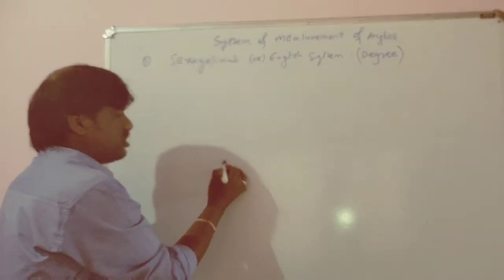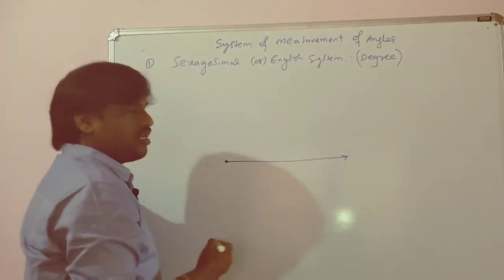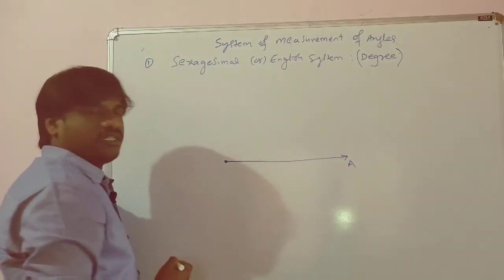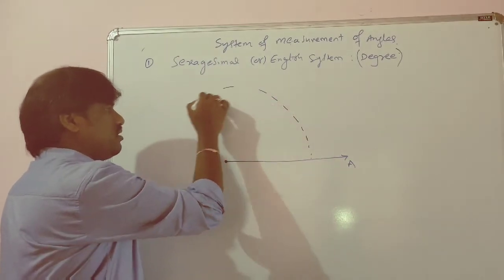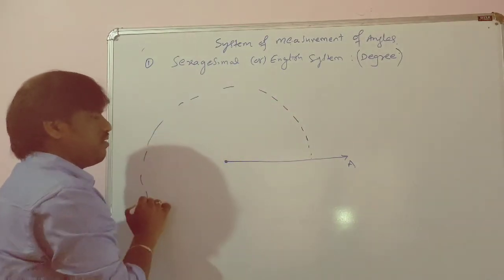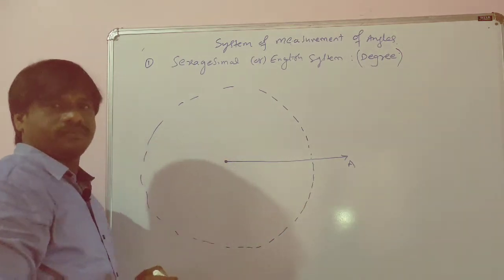First you have an initial point, and this is a ray. This is called the initial side. If this ray completes one revolution, it forms a circle, right?